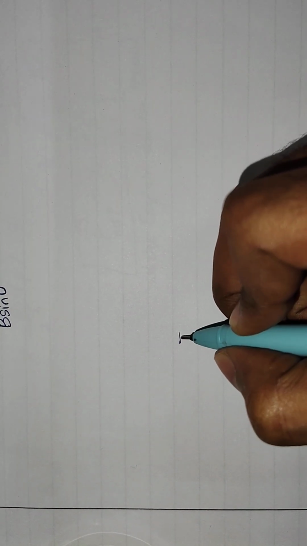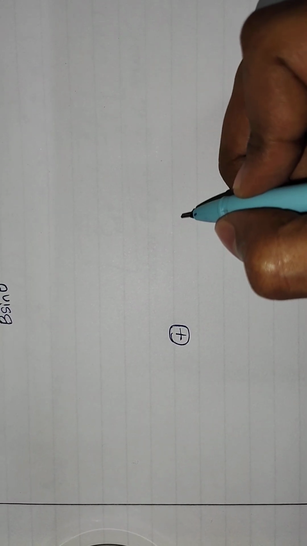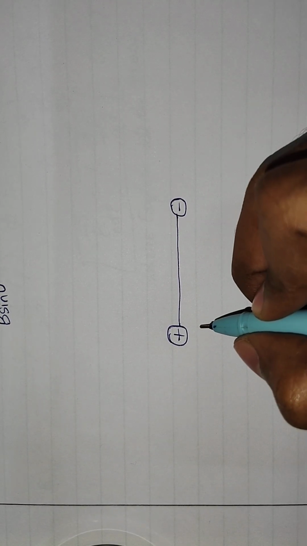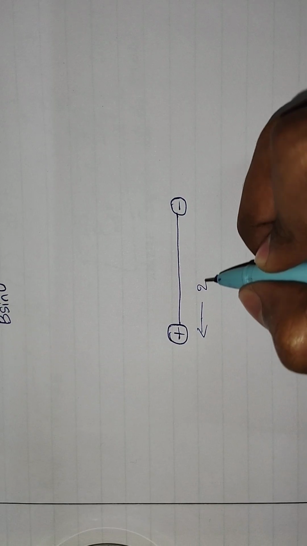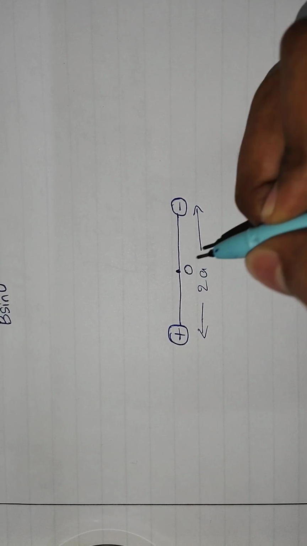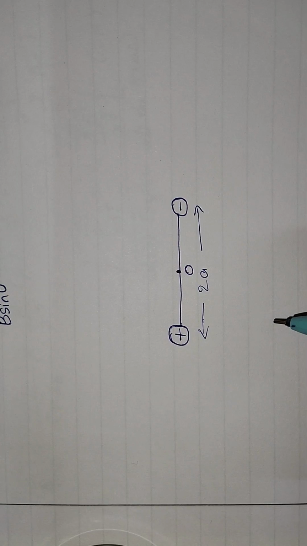Now let us draw a brief diagram. Assume you have a positive charge and a negative charge, separated by what distance? I already told you the dipoles are separated by a distance 2a. Let this point O be the center of the dipole.